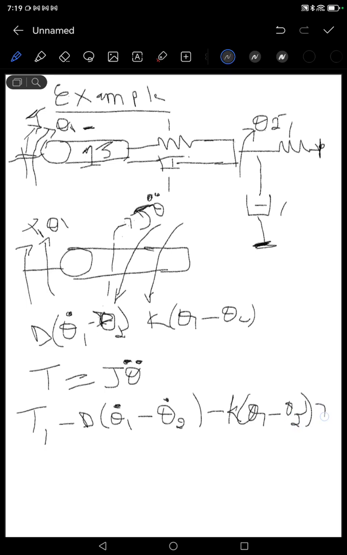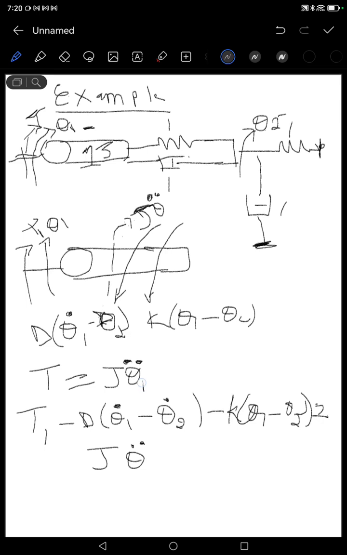And then all equals to, we don't have any other torque, okay. So it's going to be all equal to the moment, J theta dot dot, okay, like this. And then from here, we're gonna introduce Laplace.